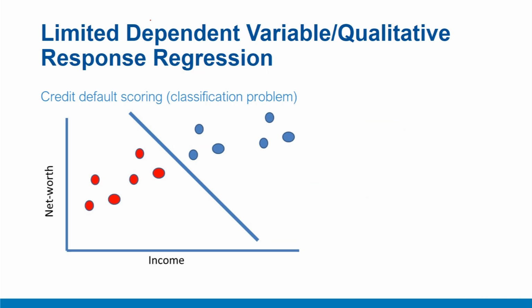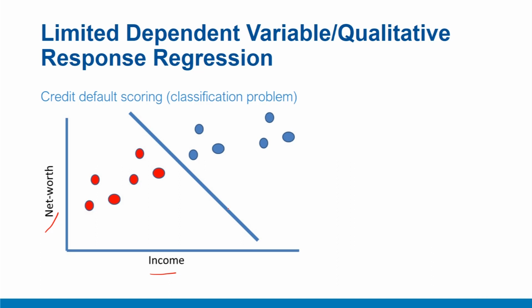Let us understand this through a simple example of a credit scoring problem in banking. In banking, there are often loan applications that default or not default. If you want to judge the creditworthiness of a particular application, there are certain attributes that you would like to examine. For example, you would like to examine the net worth of the borrower or his or her income.